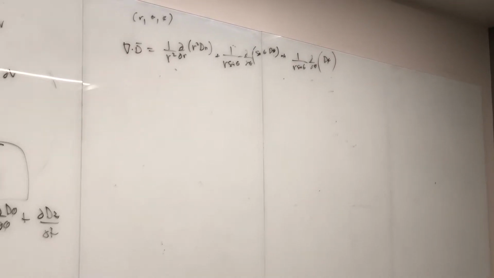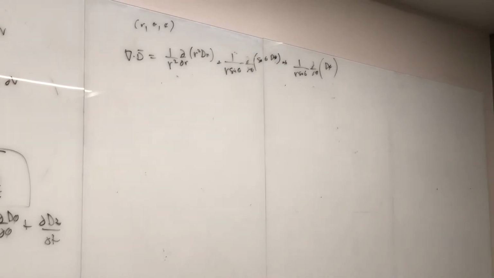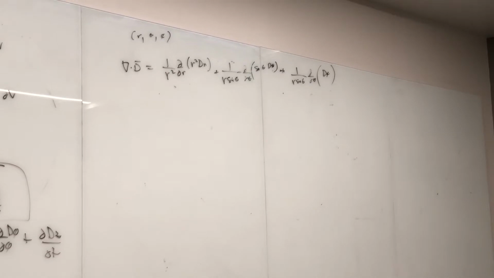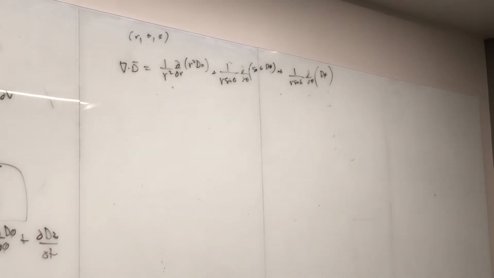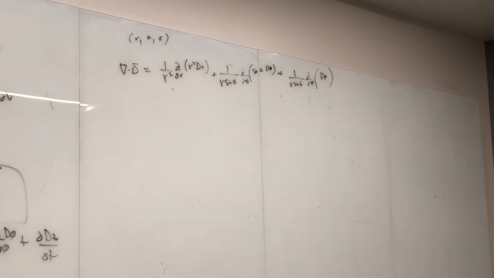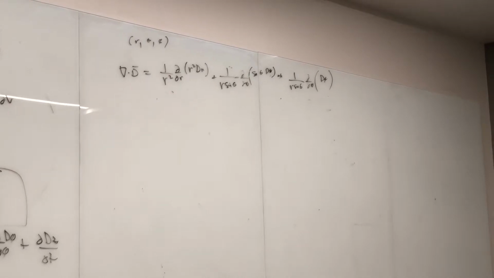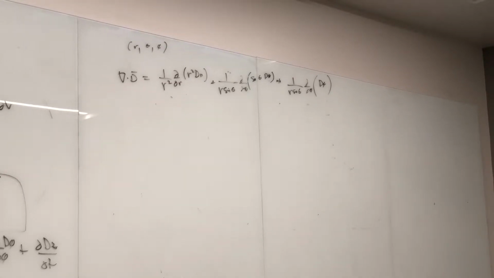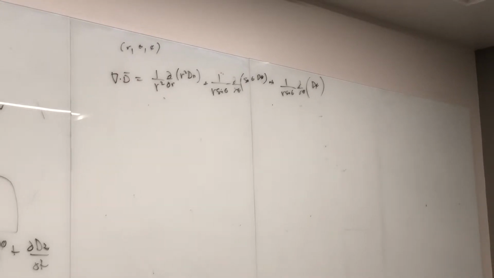If you're given the D field, you simply do these operations to get rho V. And if you want the amount of charge in a region, you can either integrate D dot dS over a surface to get the charge in the region, or you can take the divergence of D and integrate it dV over the volume. Either one will get you there. So here, this is in section 3.8.